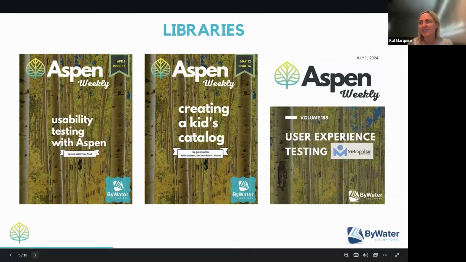And we have some guest writers sometimes where we get to highlight some of the amazing things that our libraries are doing with Aspen or doing in the spirit of their patrons. For example, two that I called out, SWAN usability testing, as well as Metropolitan Library System user experience testing. They're actually going into their communities, they're testing their technology with their patrons.